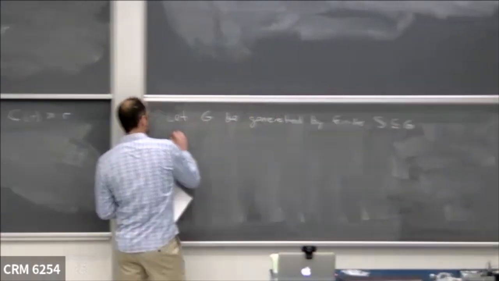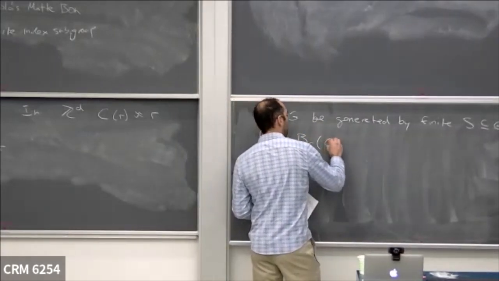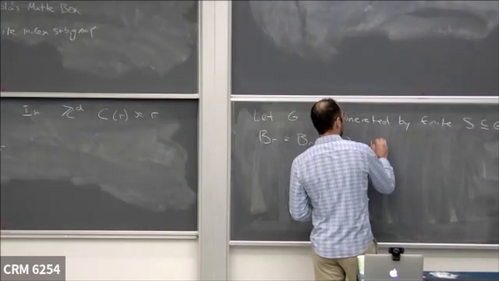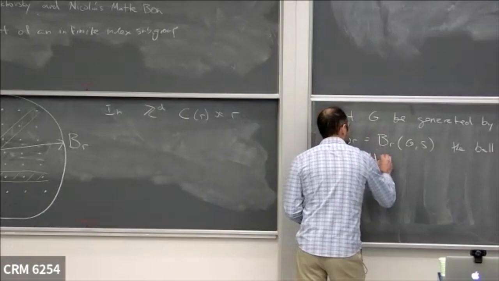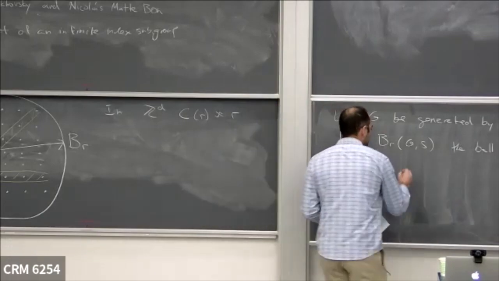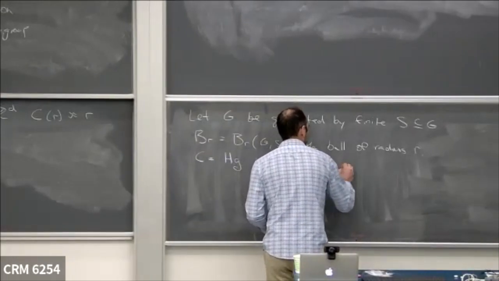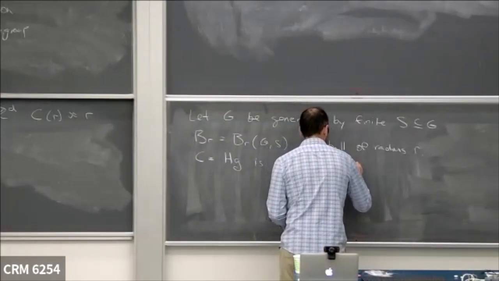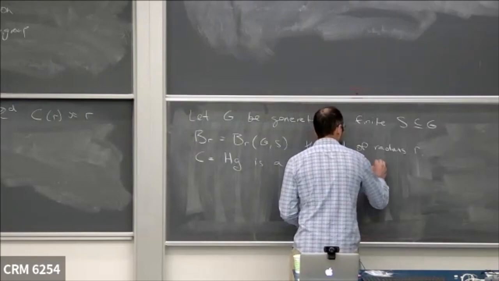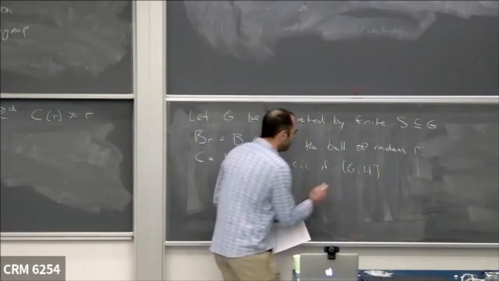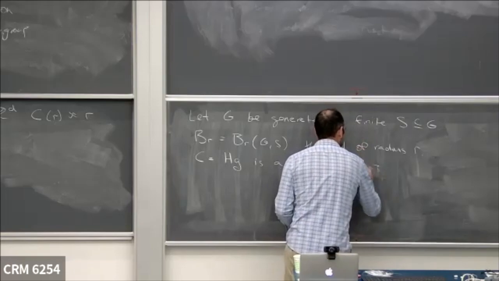And I'm going to denote by B_r, or if I want to be specific, B_r of (G,S), the ball of radius r. C equals Hg is a coset of infinite index if the index of H in G is infinite.